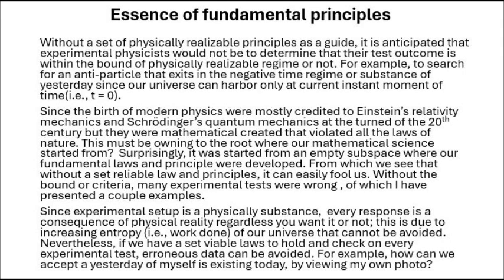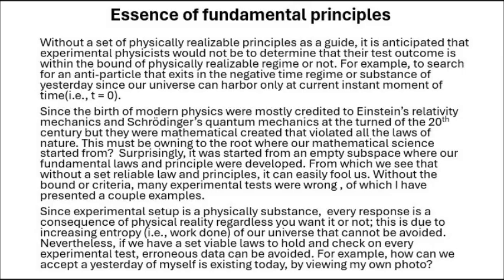The birth of modern physics was mostly created around Einstein's relativity mechanics and Schrödinger's quantum mechanics at the turn of the 20th century, but they were mathematically created and violated the laws of nature.